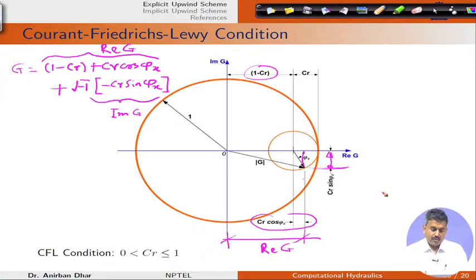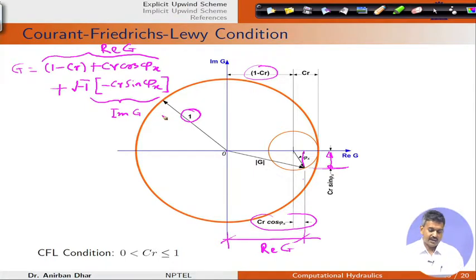So, this modulus of G should be within this circle with unit radius for stability.